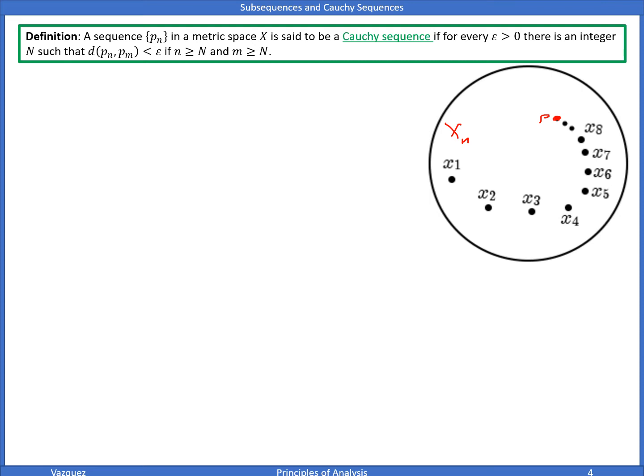But as soon as n and m become greater than big N, these points get arbitrarily close to each other, right? So P sub n and P sub m, the distance between those two points is less than epsilon, meaning as the sequence increases further than capital N, points get arbitrarily close to each other, not necessarily to a limit.